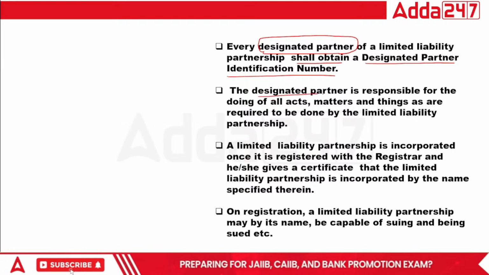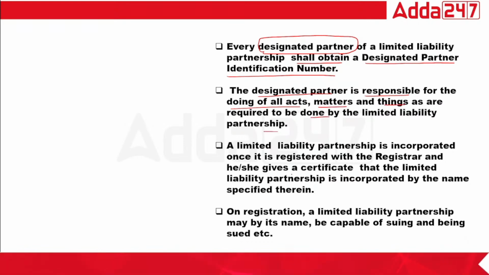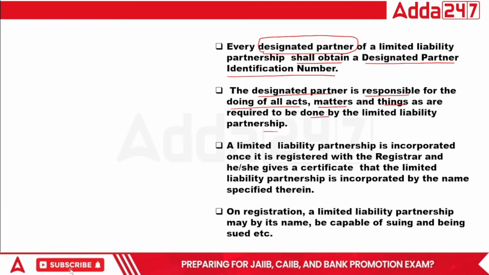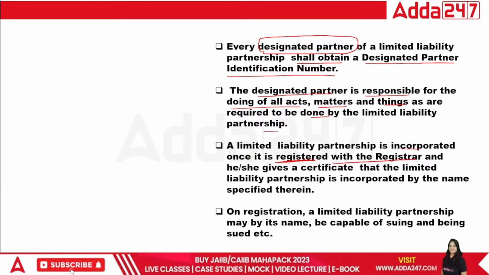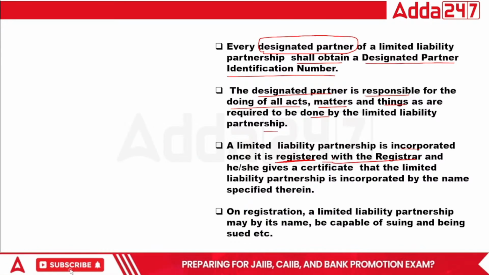The designated partner is responsible for all the doing of act, matter, things that is required to be done by the LLP. The LLP is incorporated once it is registered with the registrar. It means in LLP also registration is compulsory, just like the company.